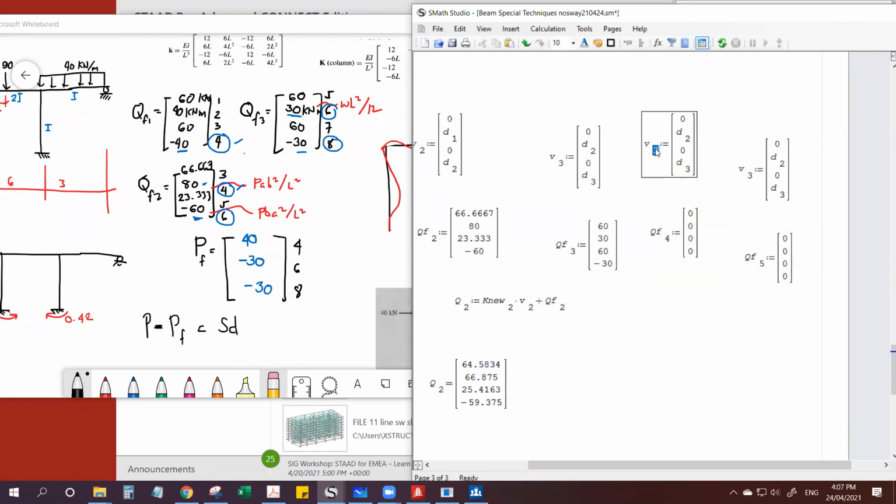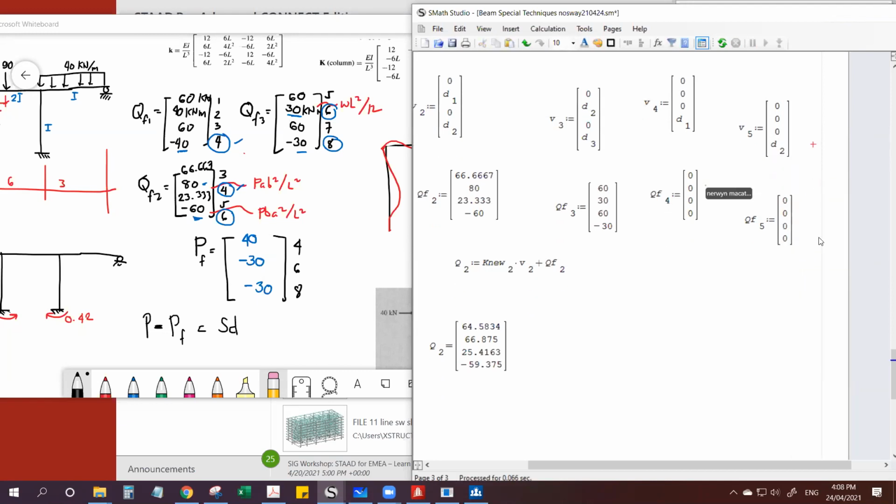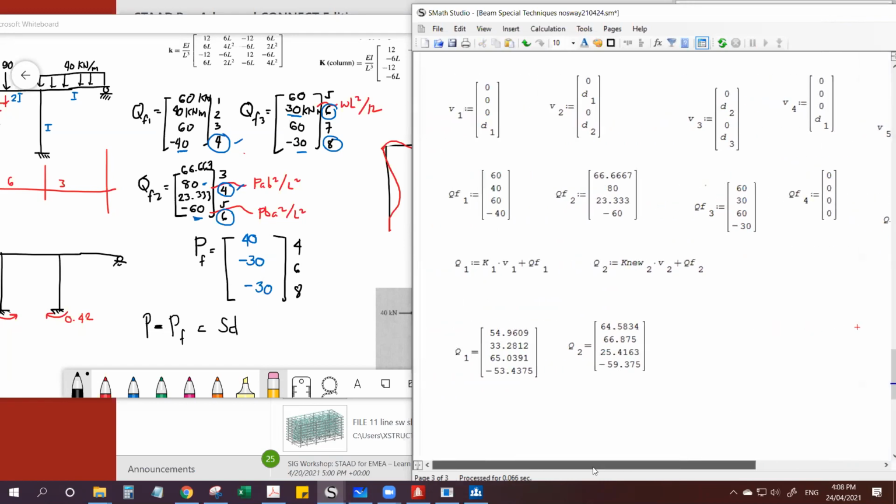For V4, this is 0 also. 0, 0, D1. For V5, 0, 0, 0, D2. Right? Should be D2. Okay, you can make this Control C and then paste.